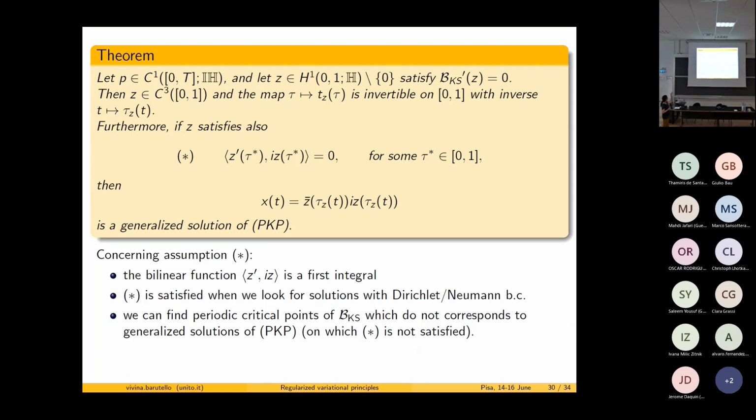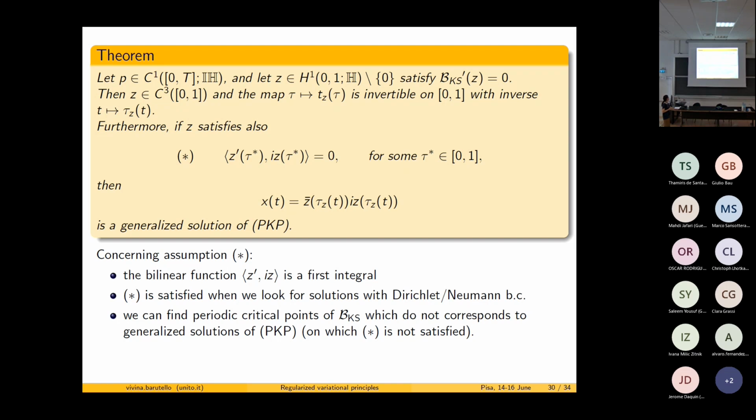So your machine works also here. Precisely, you can prove that if you have a critical point of B, and this suitable assumption that I told you before, then you also have a generalized solution. This is the geometric assumption; I'll just say that it's a first integral of the motion.